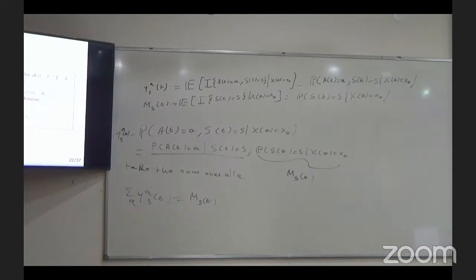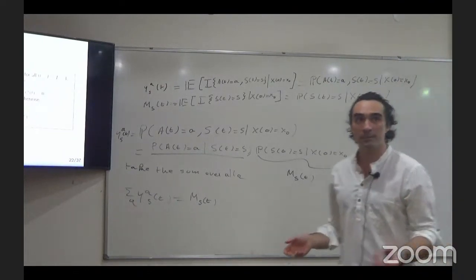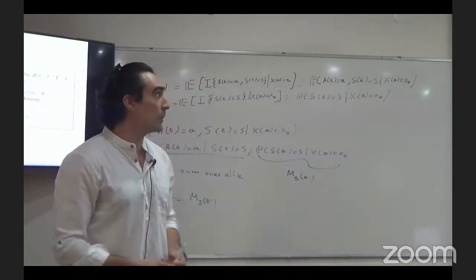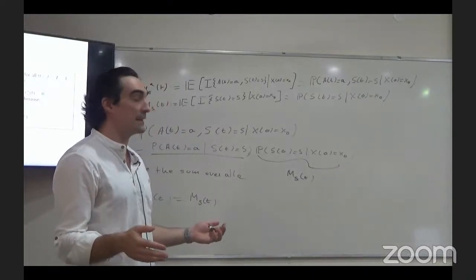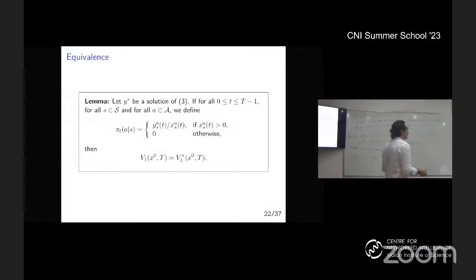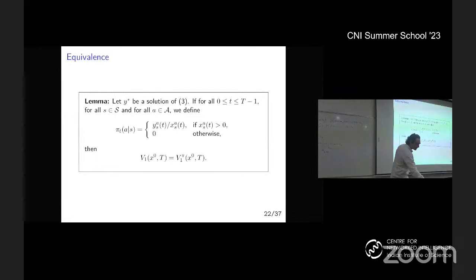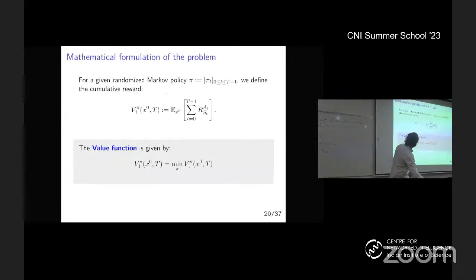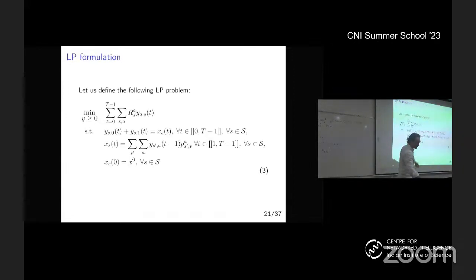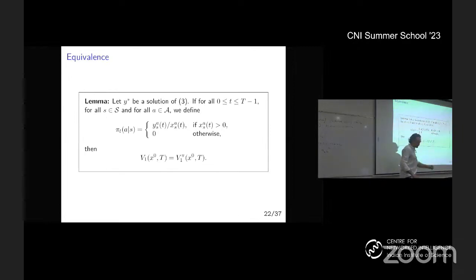Therefore, if I'm able to solve my LP, because I'm optimizing on my entire space of policy, then automatically I will be able to find the optimal value of my problem, which is V1. I think I've called it V1, yeah, V1 star, so there is a star missing there. Okay. So basically, solving an MDP is solving a LP, in finite state space.